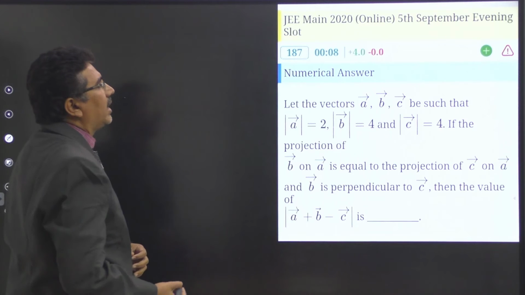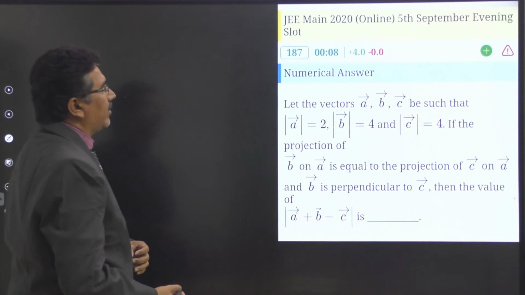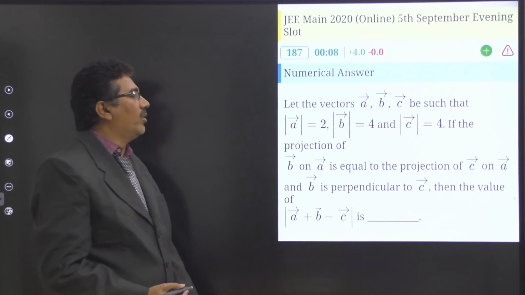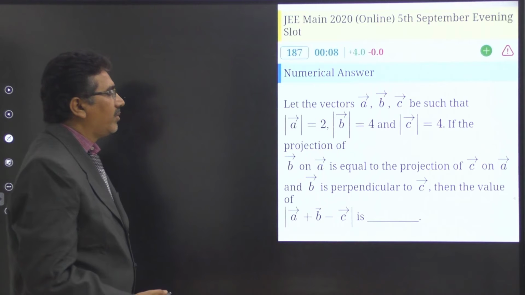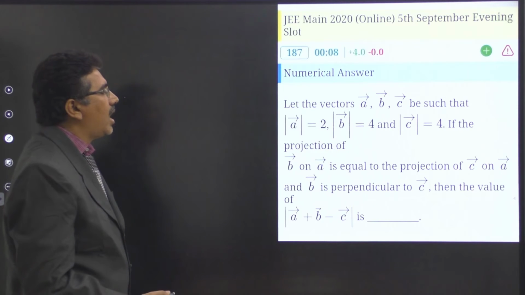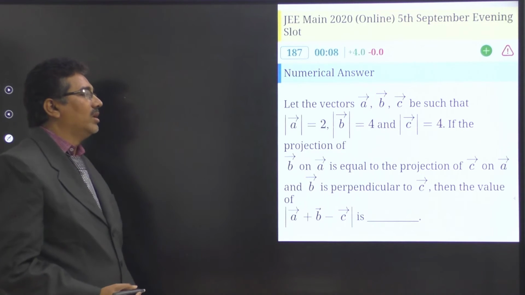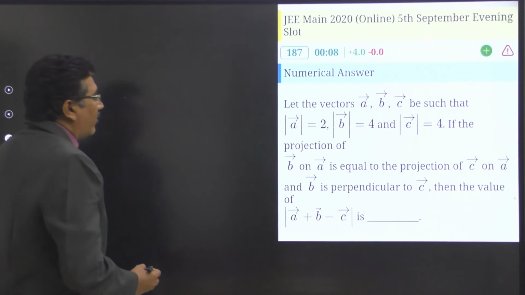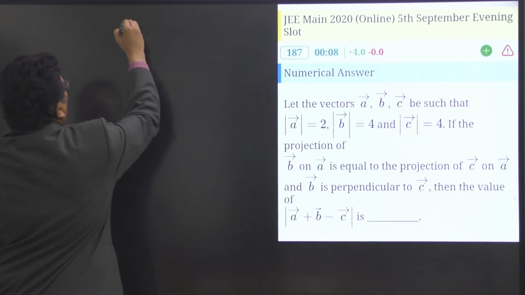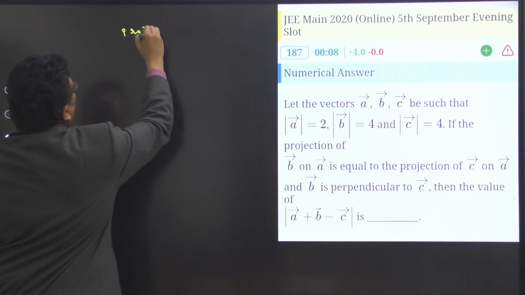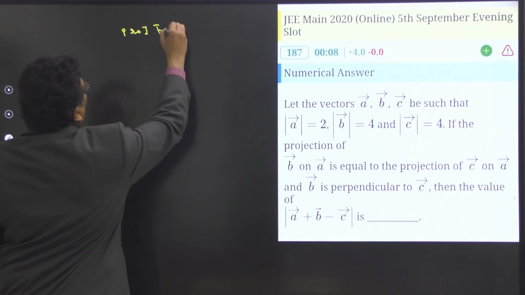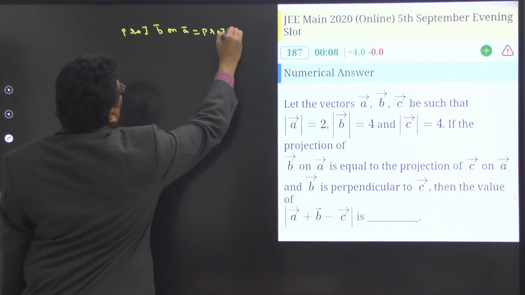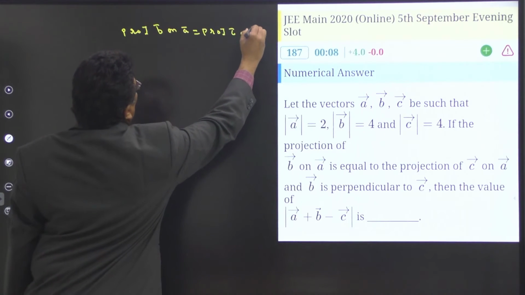Right. Let the vectors a bar, b bar, c bar have magnitudes 2, 4 and 4 respectively. If the projection of b bar on a bar is equal to the projection of c bar on a bar.